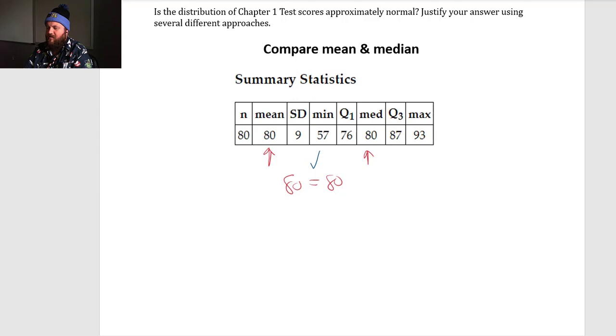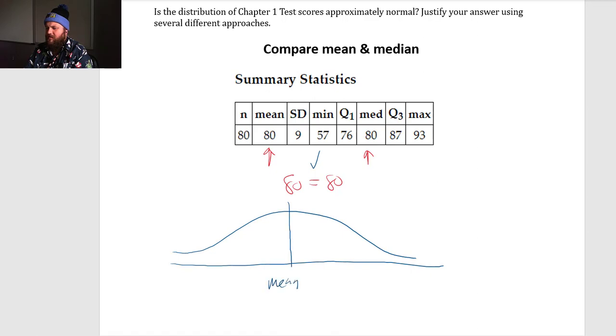So if that is the case, didn't we say when we were drawing these for normal distribution that the mean and the median are pretty equivalent for normal distribution, for symmetric distribution, right?